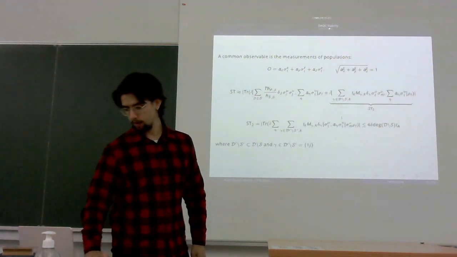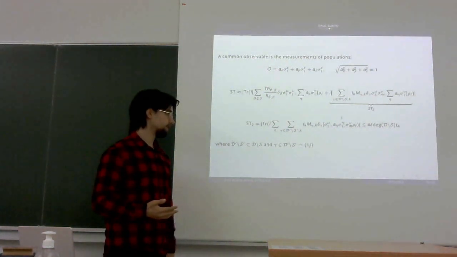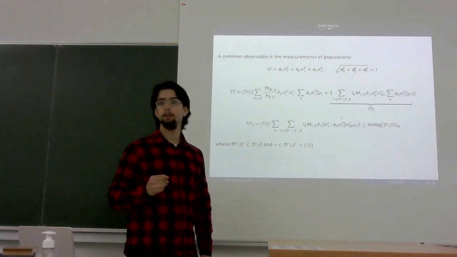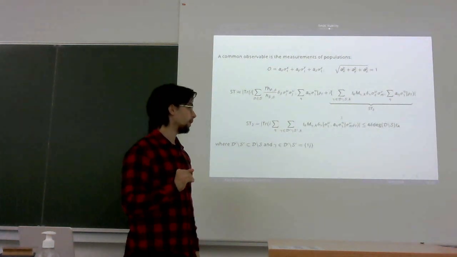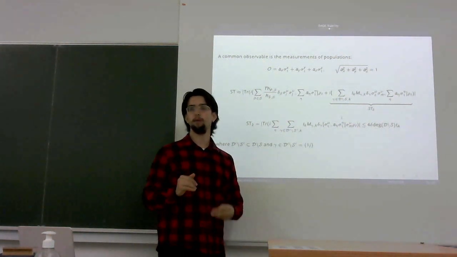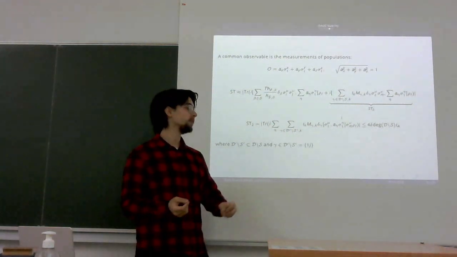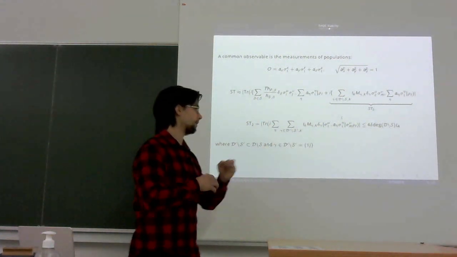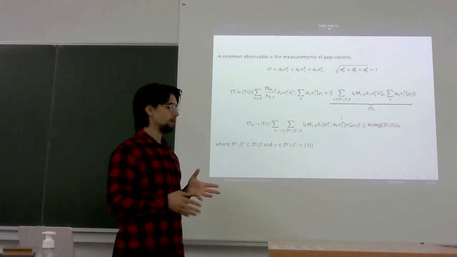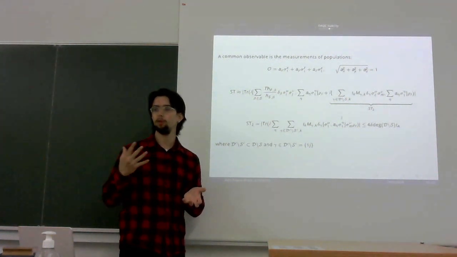Now for the second part, we are going to have a similar strategy, but this time what we are going to be counting are all the couplings that we have not taken into account, which is given by a graph of D that doesn't contain all the couplings of S.